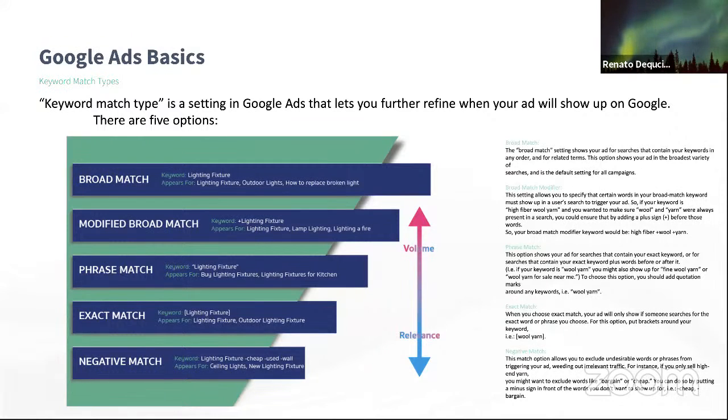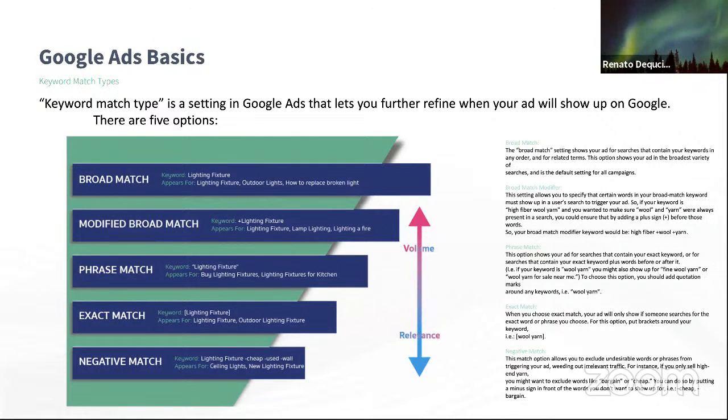So basically, if somebody's searching for a light, or any of these examples below, so lighting fixture, outdoor light, how to replace a broken light, that keyword in your ad will potentially be presented to anybody looking for the options below under appears for.